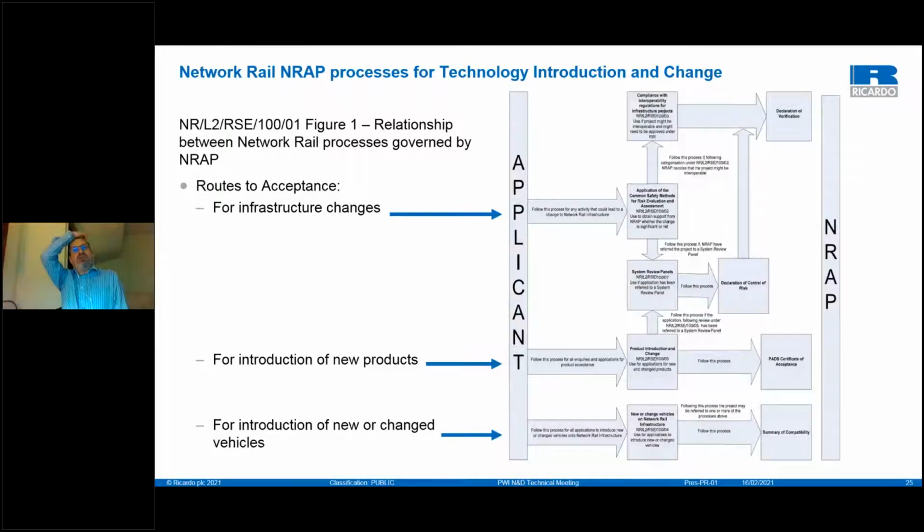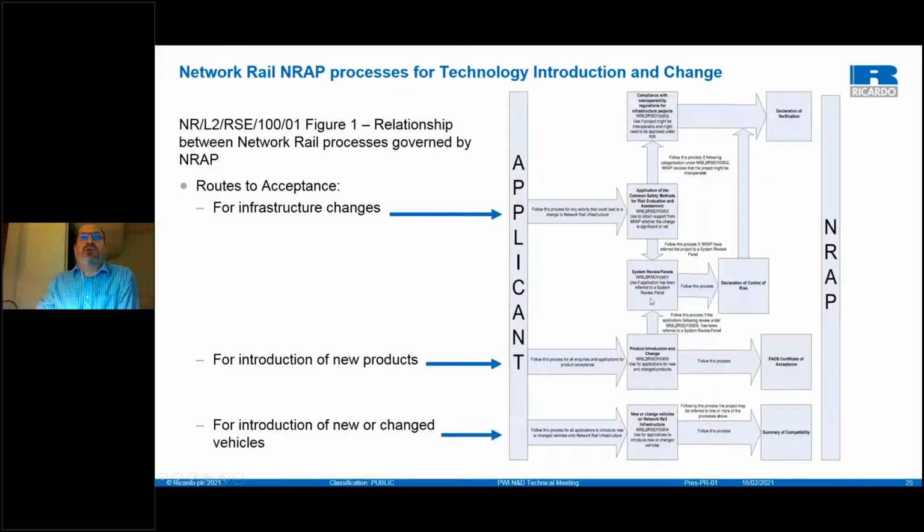And in terms of infrastructure changes, you'll see here that application of CSM fits within this process. It also includes links to the compliance with interoperability, which is managed through another standard within that suite. And the various outcomes are declaration of verification for interoperable changes.